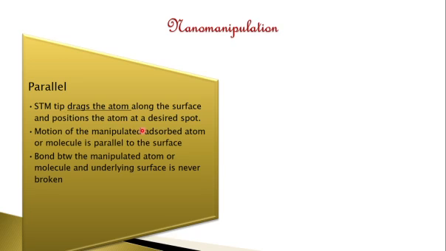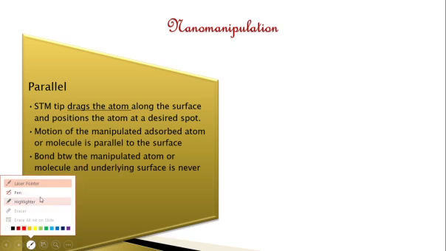The manipulated atom is an adsorbed atom, in the sense the atom which is loosely bound to the surface. Those kinds of atoms will be dragged parallel to the surface, and the bond between the manipulated atom, that is the adsorbed atom, and the molecule is never broken.